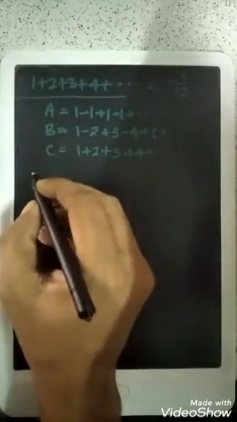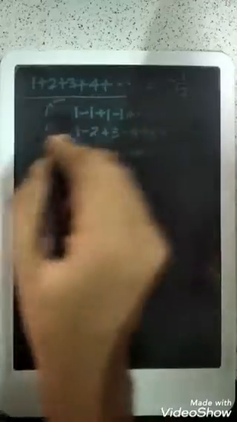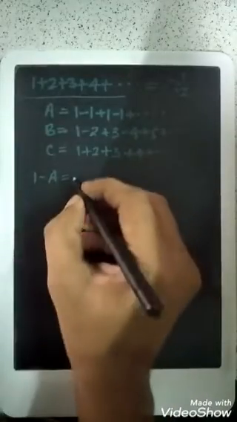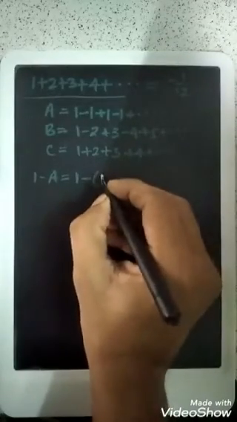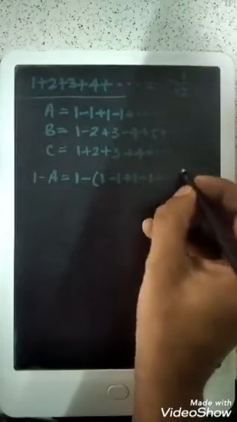First consider 1 minus A. We are subtracting this alternating series from 1. What is A? A is 1 minus 1 plus 1 minus 1, and so on.